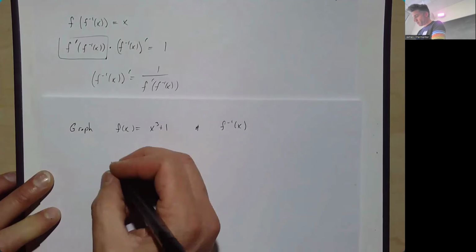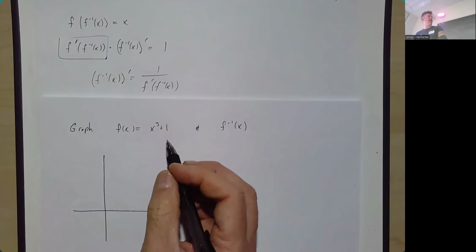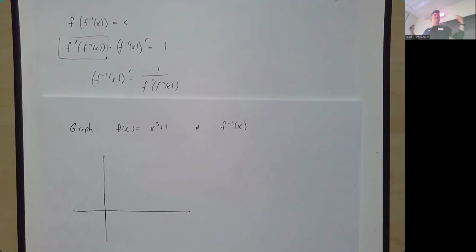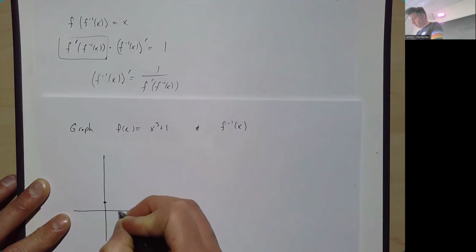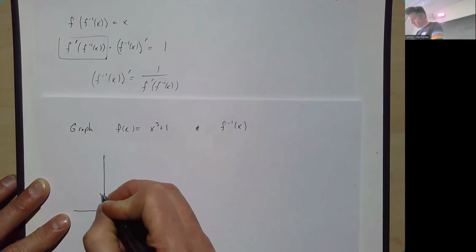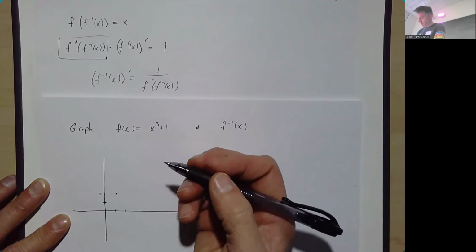I'm not going to graph all of it. I know that the cubic graph has the usual shape. I'm just going to shift it up 1. So instead of getting the point 0, 0, I'm going to get the point 0, 1. I'm going to get the point 1, comma 2, and I would get the point 2, comma 9.